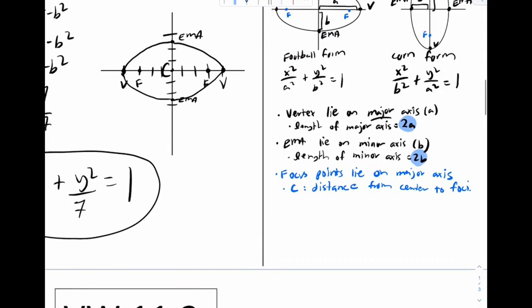And the final thing that ties everything together, C squared equals A squared minus B squared.